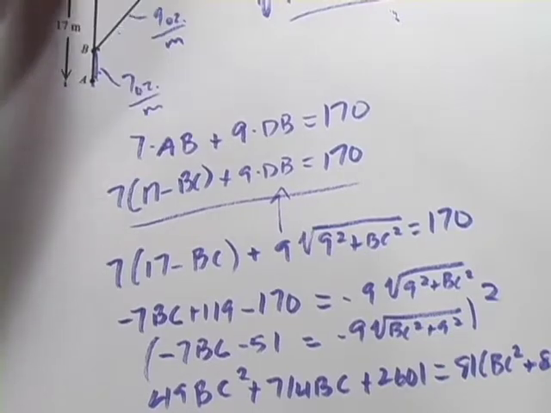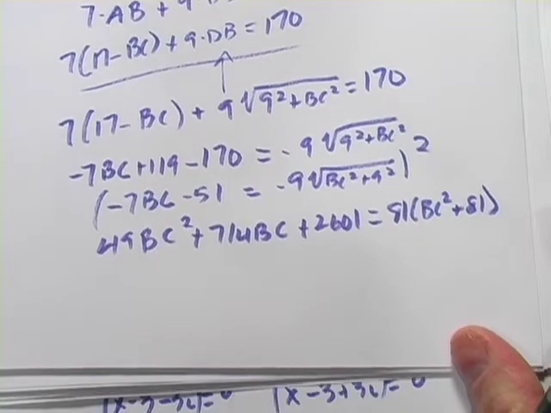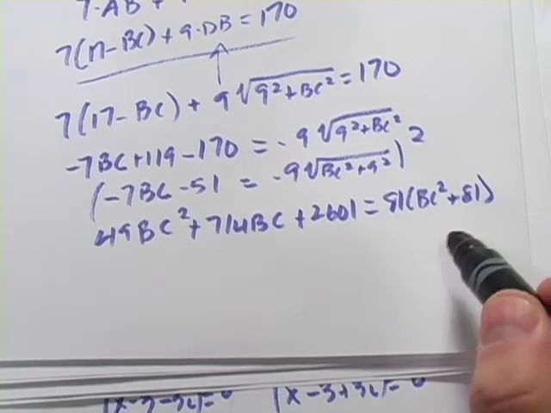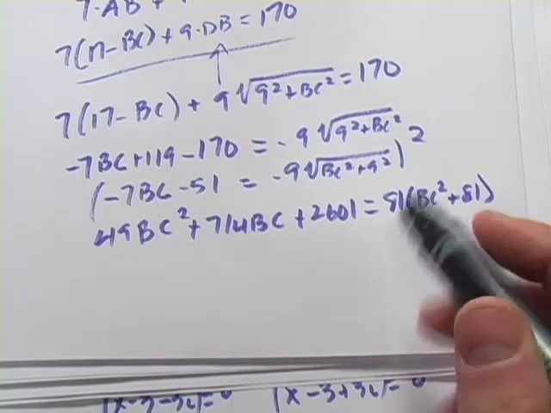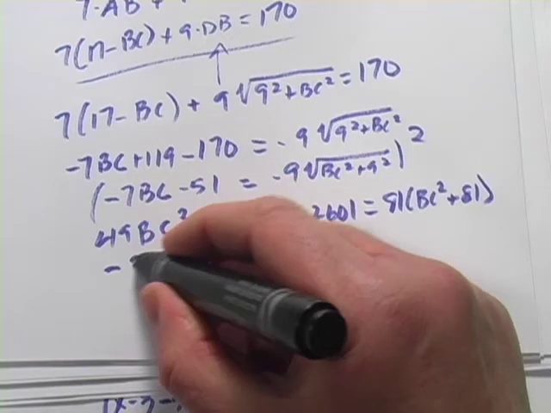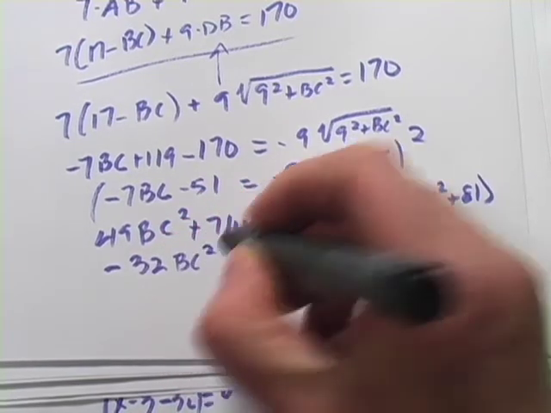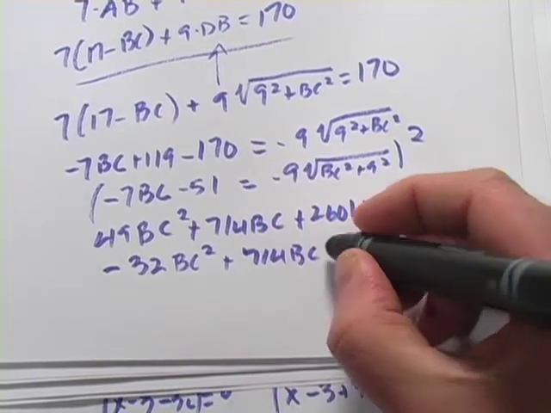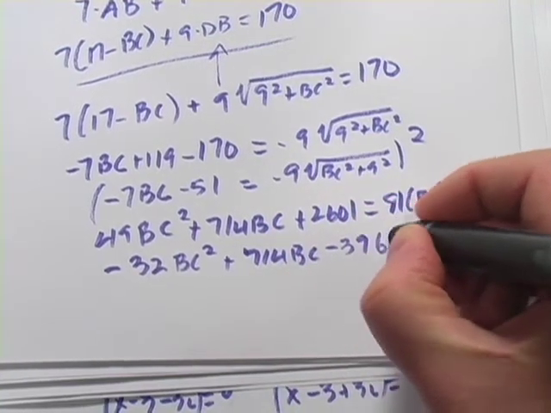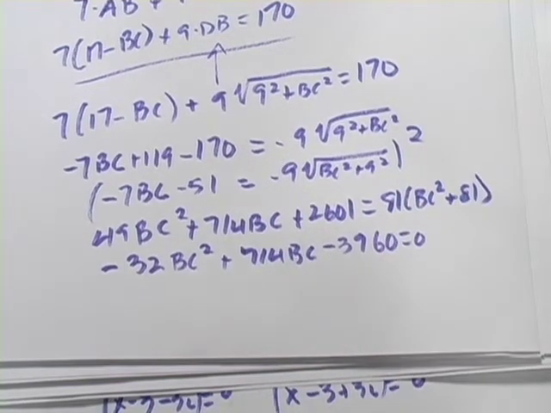All right, we've come a long way, but we've still got a little ways to go. We've got one variable. We can multiply through that 81, do some rearranging. After I do all that, I think I get negative 32 BC squared plus 714 BC minus 3,960 equals 0.